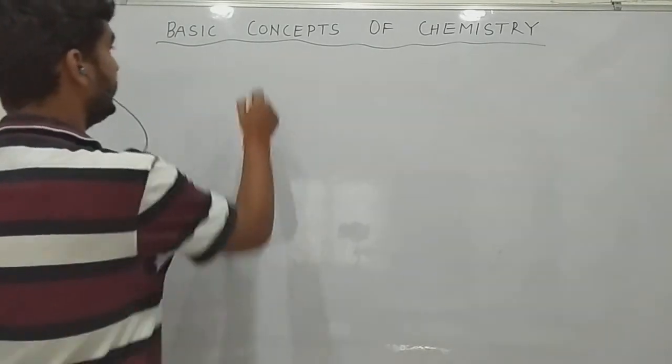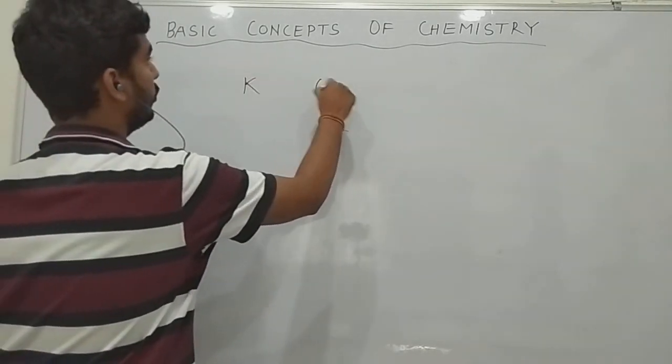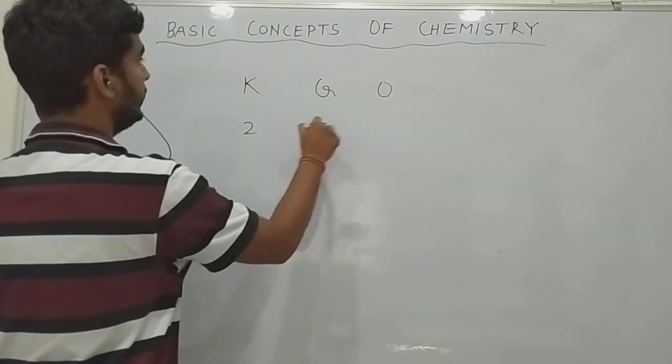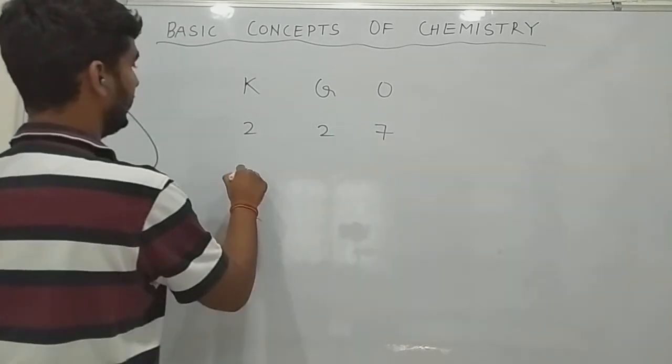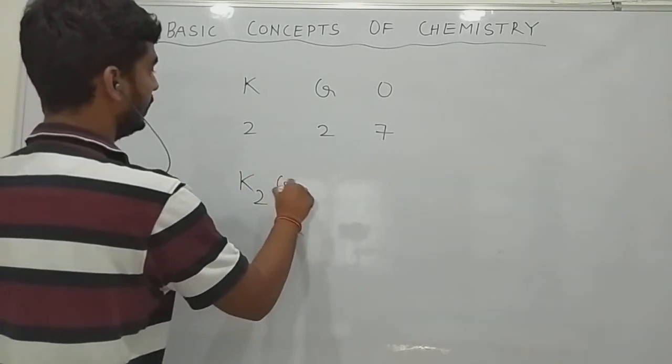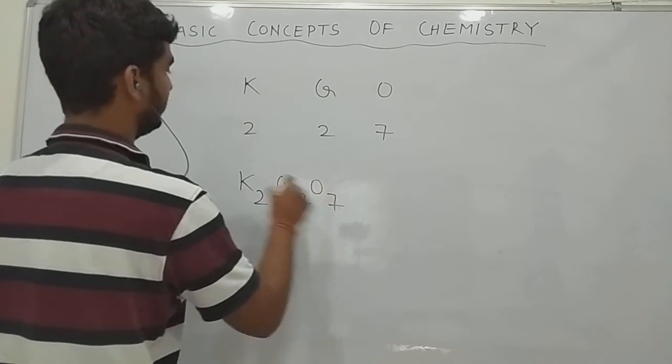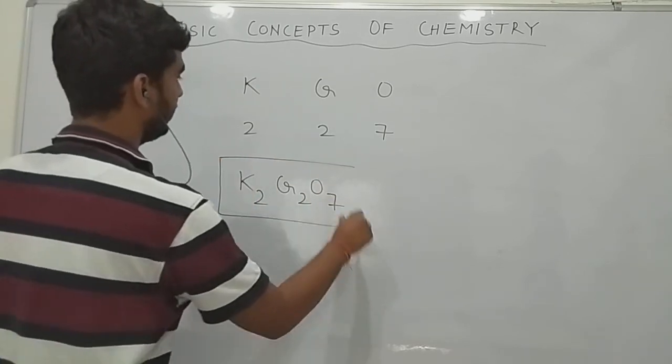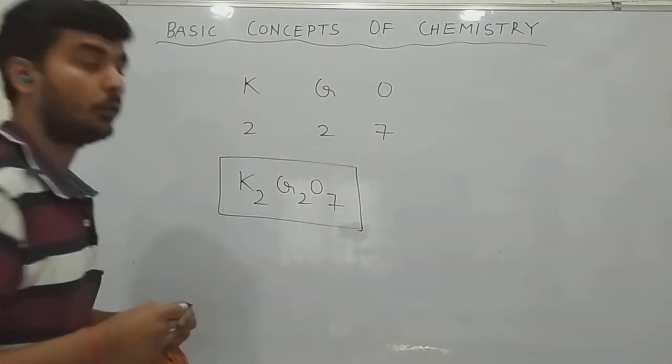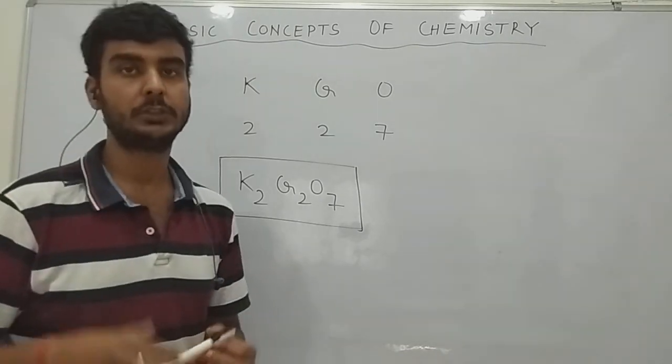So the ratio between potassium, chromium and oxygen was 2:2:7. So the empirical formula comes out to be K2Cr2O7. So this is the empirical formula for the compound whose percentage composition was given.